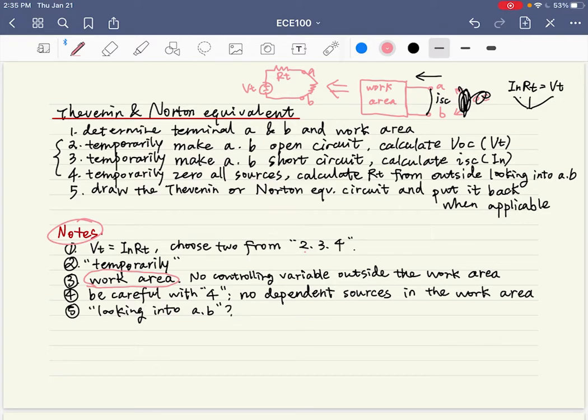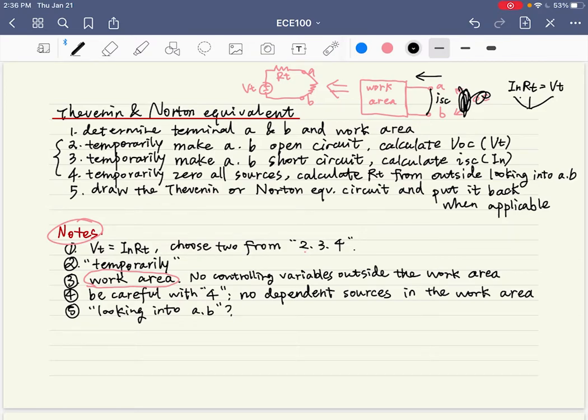The third point is about the work area. We may have controlled sources in the work area, but the controlling variable must be inside the work area.